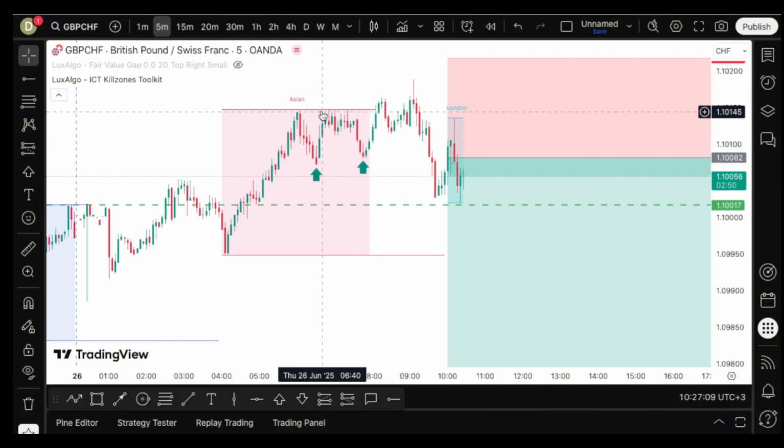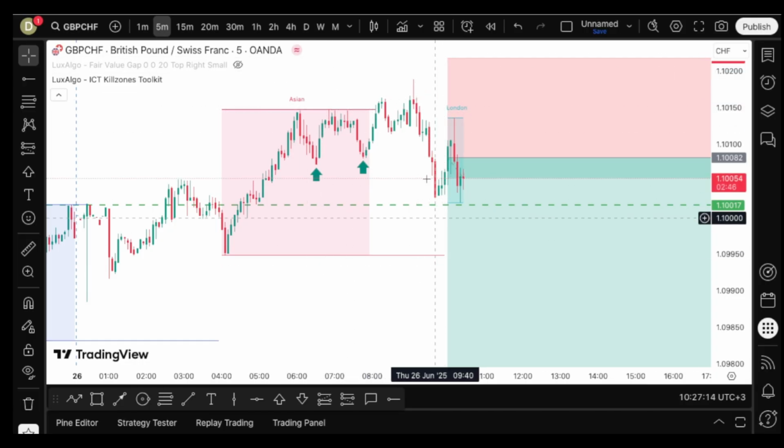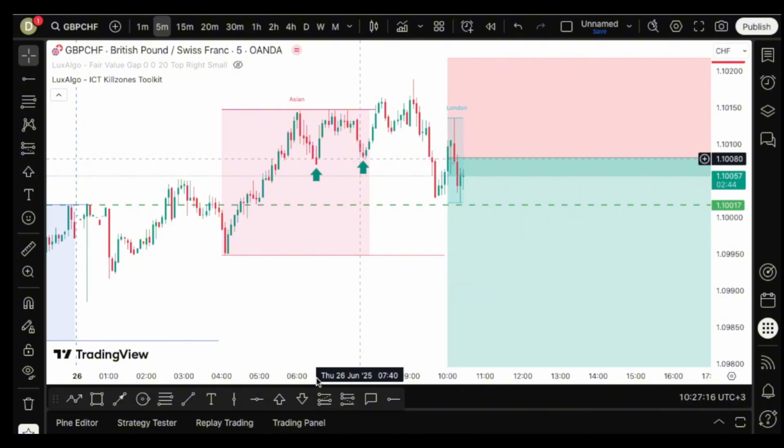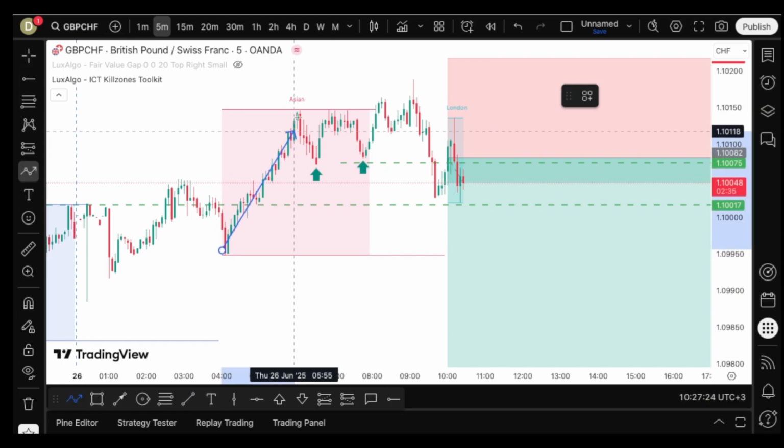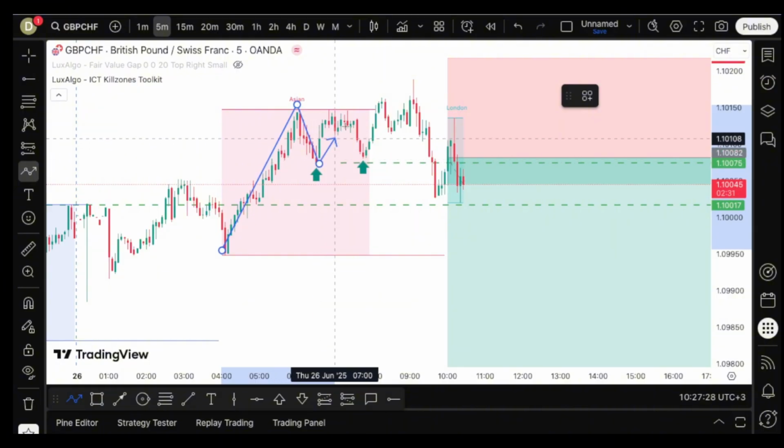Here you can see the Asian high was here, and these were also equal lows that were swept, and the price closed inside. Then at this position here, the price had changed character on M5, because this was higher high, higher low, higher high.